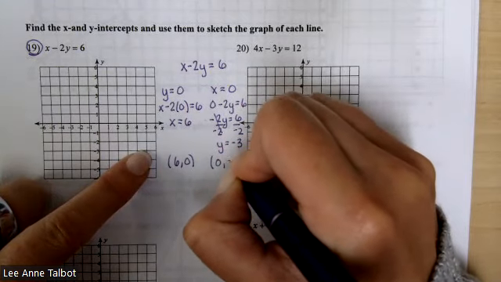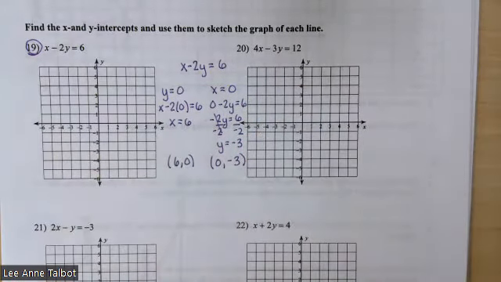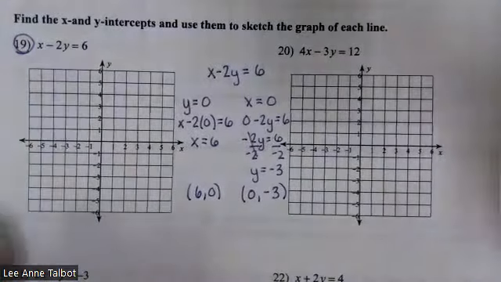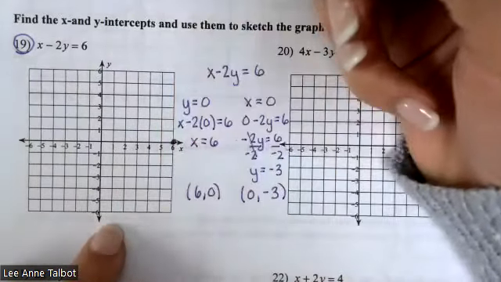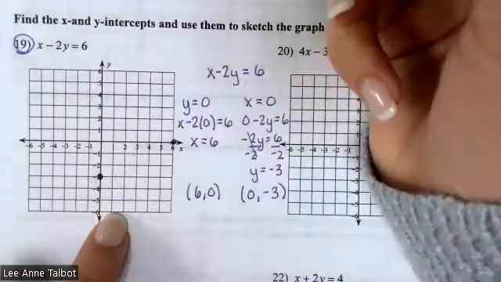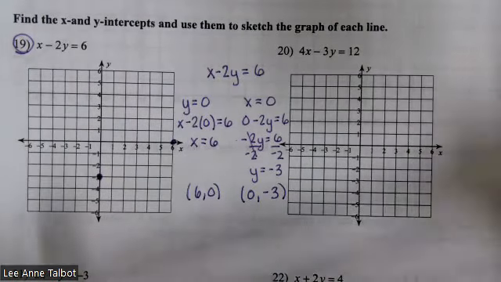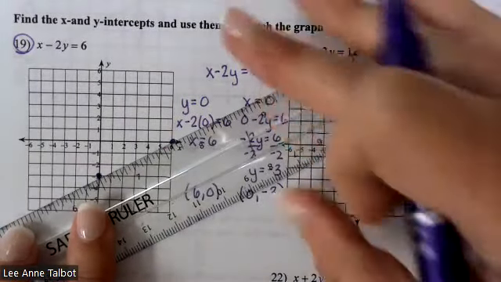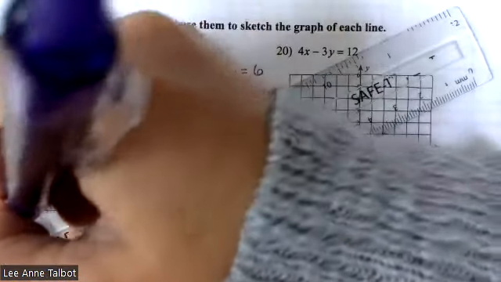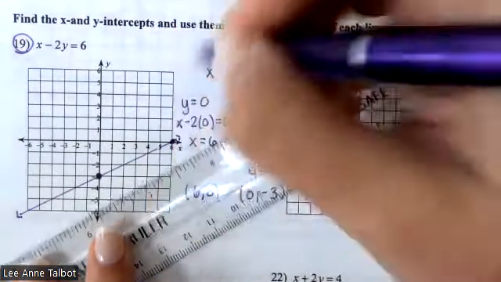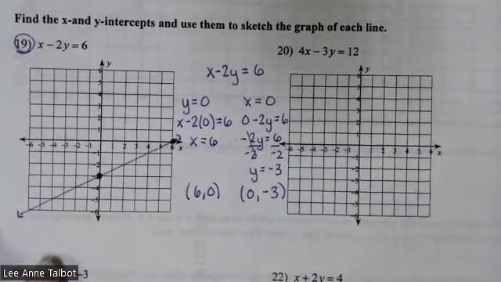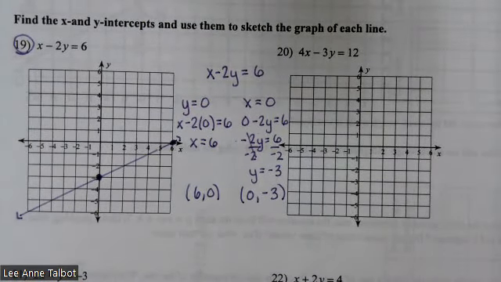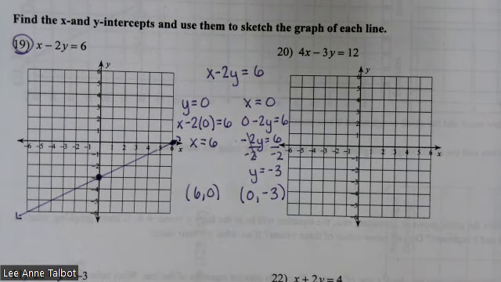And this is the point 0, negative 3. 6, 0 is right here. 0, negative 3 is right there. And voila.